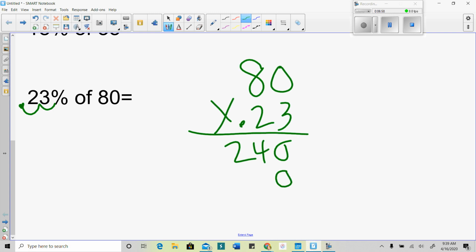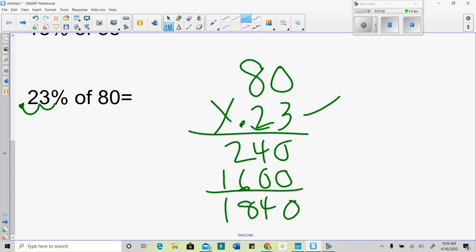Put a 0 before you move to your tens place. 2 times 0 is 0, and 2 times 8 is 16. So we get 0, 4, 8, 1. Go back. Decimal placement, I need 2 decimal places. So the answer would be 18 and 40 hundredths, $18.40.